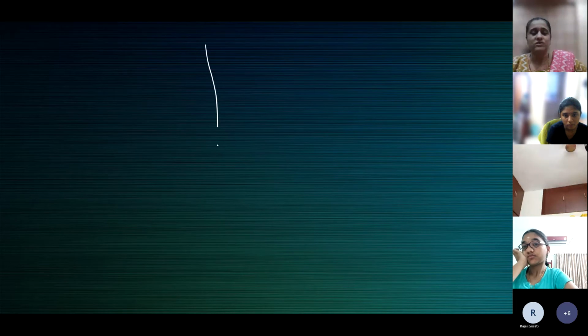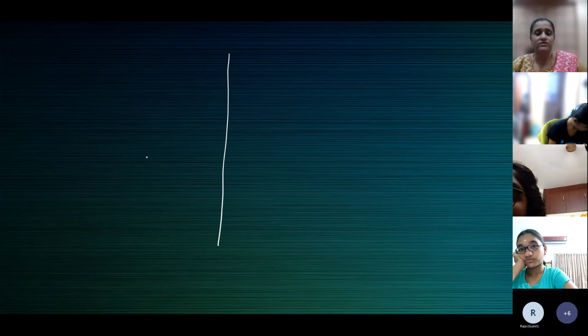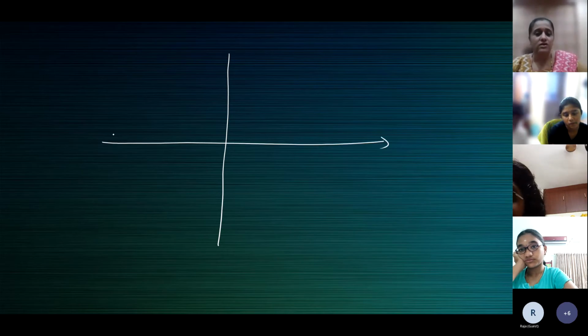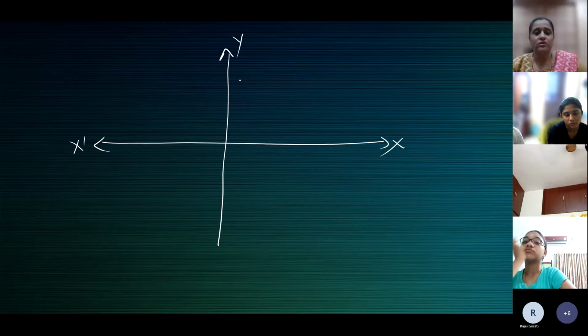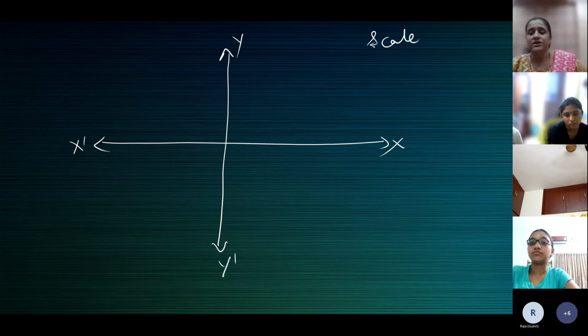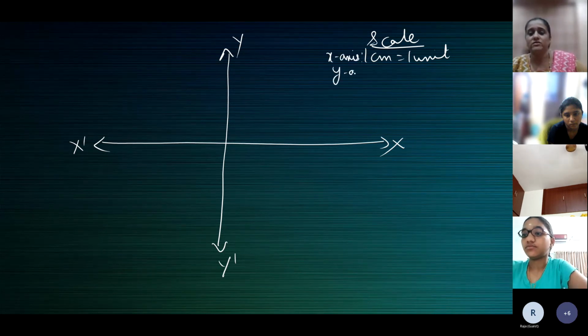I'll make the graph. So like this: y-axis, x-axis, arrows, x, x dash, y, y dash, scale. X-axis 1 centimeter is equal to 1 unit, y-axis 1 centimeter is equal to 1 unit.